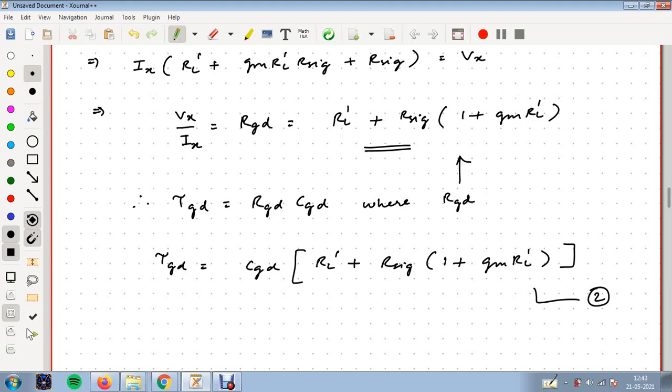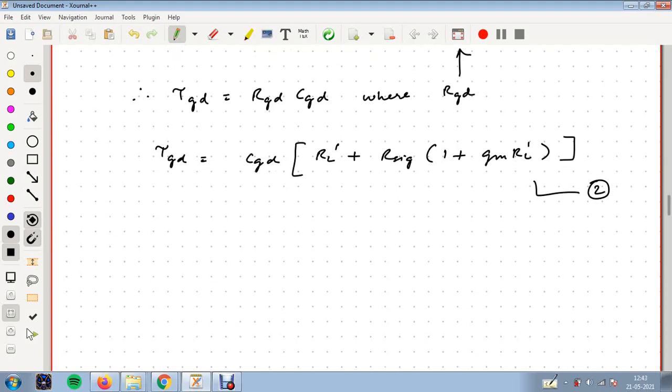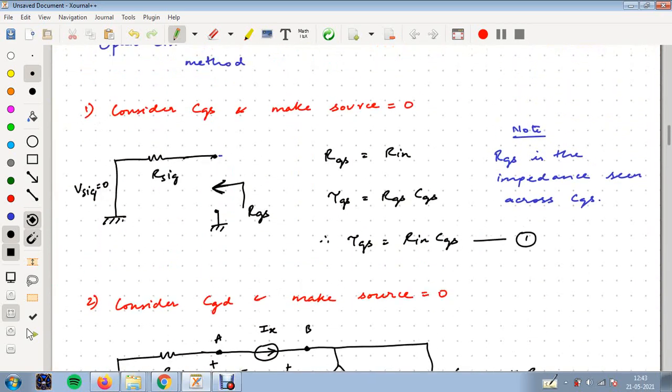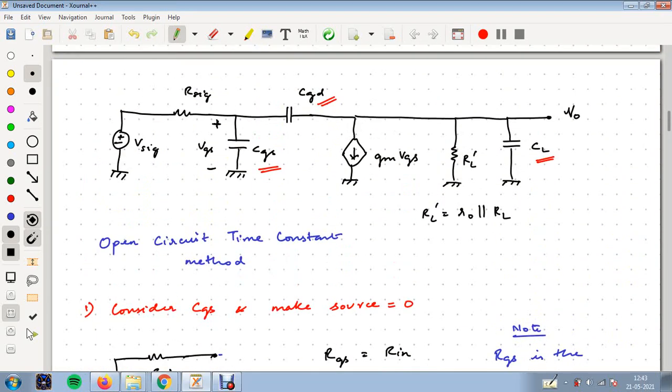Now the third point, the final one. If you look at the main figure, CGS is done and CGD is done. The only thing left out is CL. Now I have to consider CL and short my source.